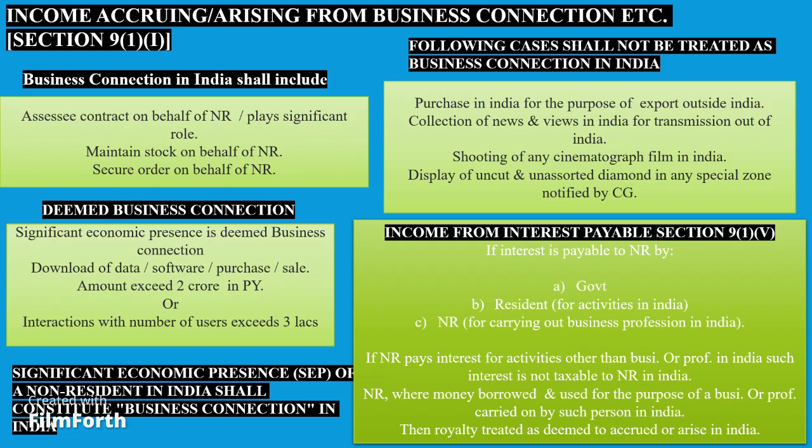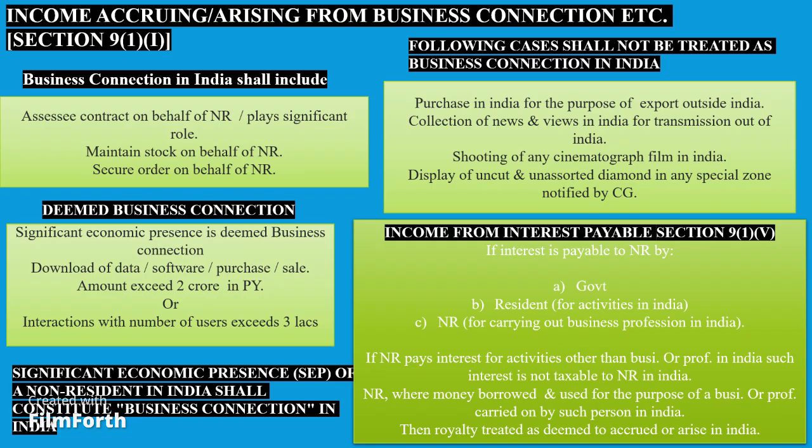Further, where such broker, general commission agent or any other agent works mainly or wholly on behalf of a non-resident, hereafter in this proviso referred to as the principal non-resident, or on behalf of such non-resident and other non-residents which are controlled by the principal non-resident, or have a controlling interest in the principal non-resident, or are subject to the same common control as the principal non-resident, he shall not be deemed to be a broker, general commission agent or an agent of an independent status.